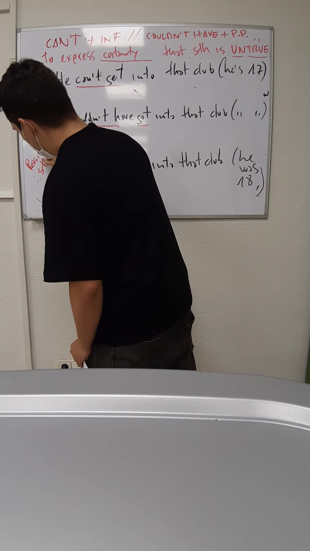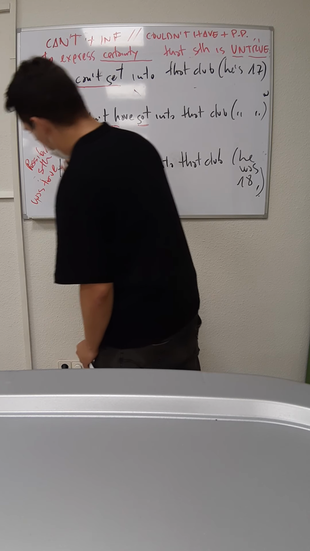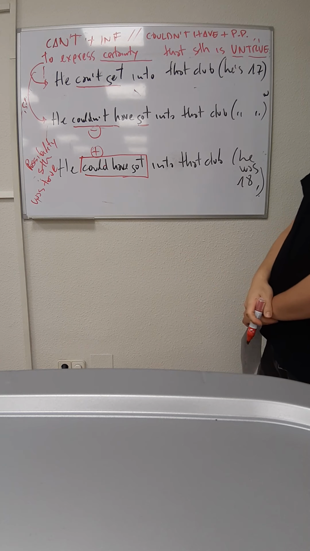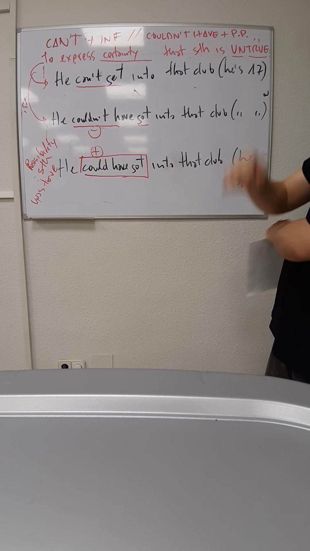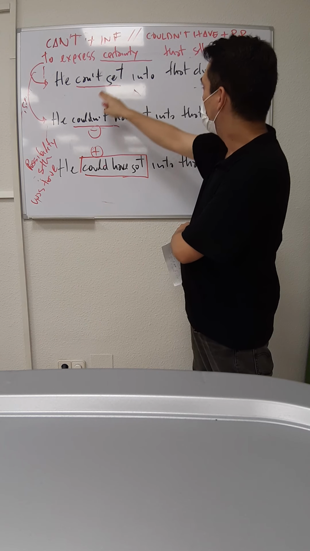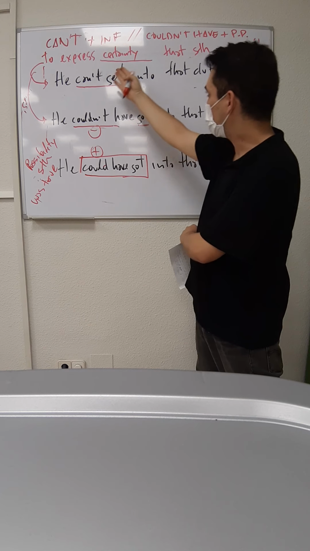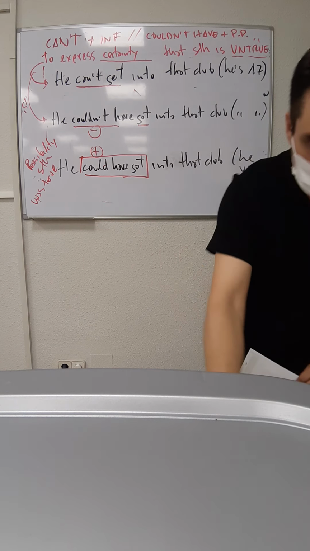The most important pieces of information here are can't plus infinitive or couldn't have plus past participle to express certainty that something isn't true.